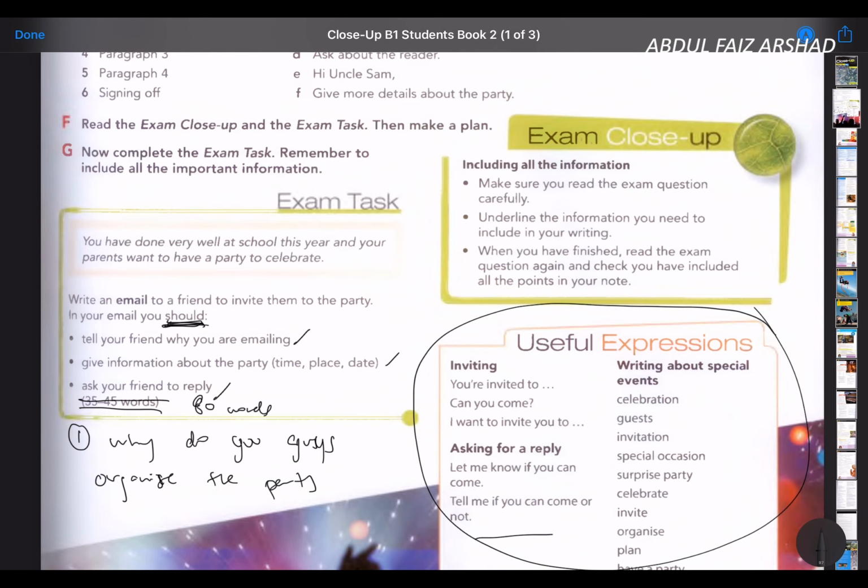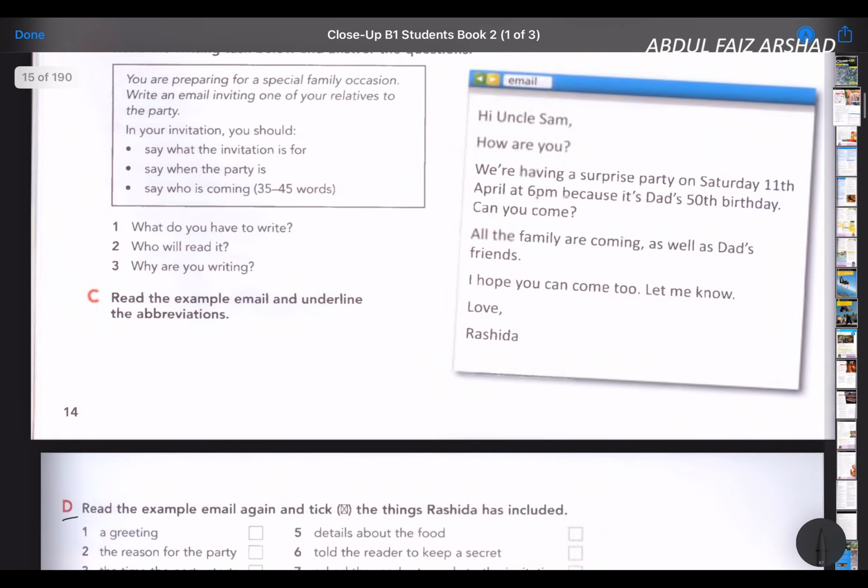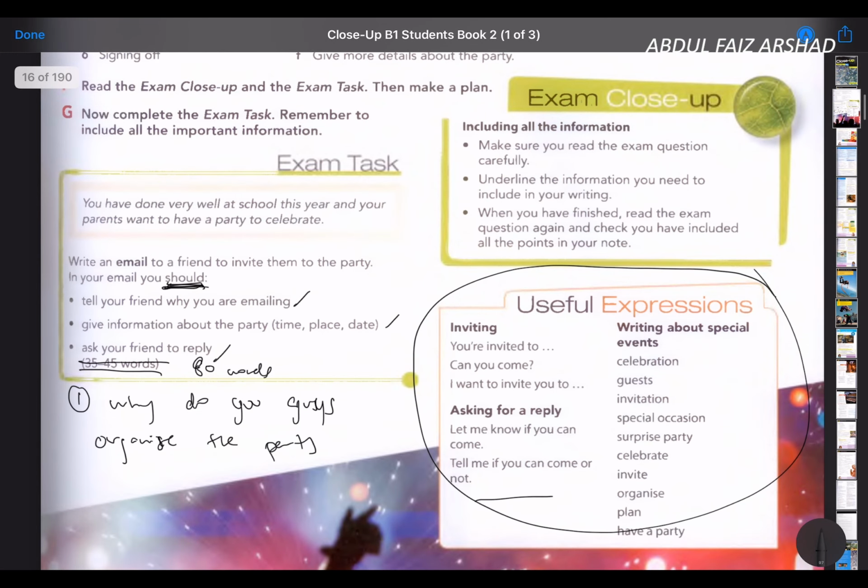Use this expression. You can read this as an example, but try to add more. Why did you organize the party, as well as why do you think your friends would love to go to the party?